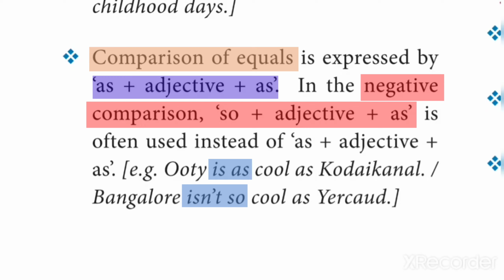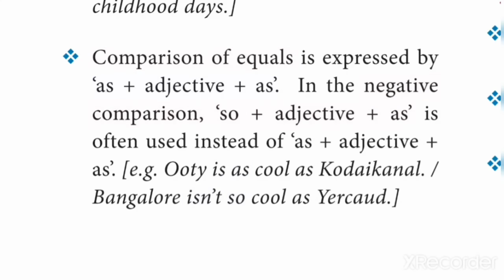And so, the word before the positive degree adjective cool is so. This is what you should note. When the verb is positive, it is followed by as when there is a positive degree adjective after it. Whereas, when the verb is negative, the word before the positive degree adjective is so. This is the subtle difference here.